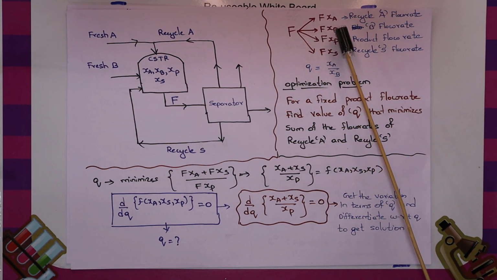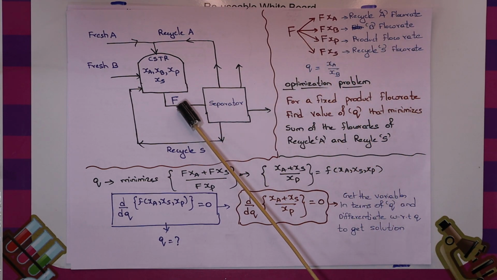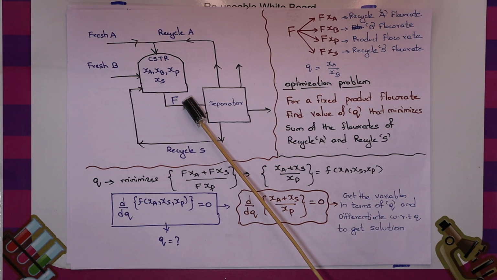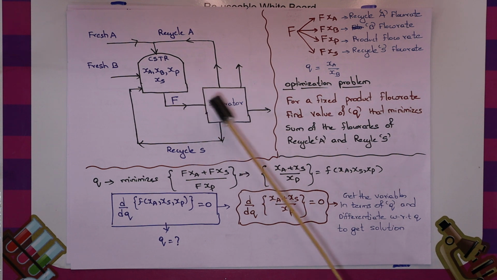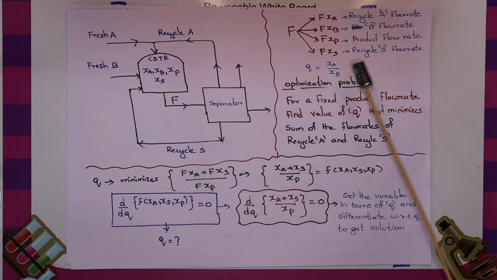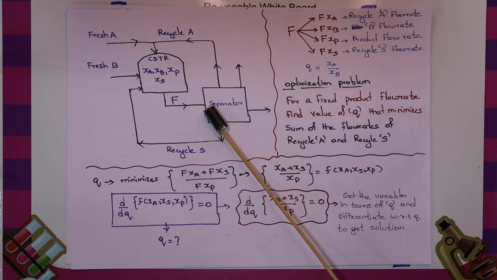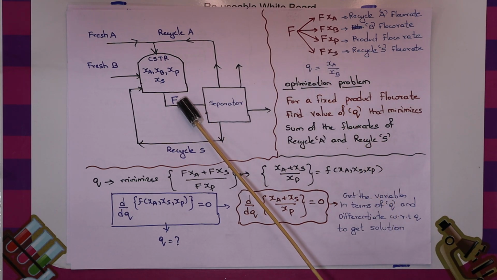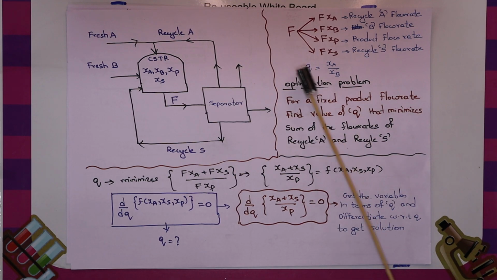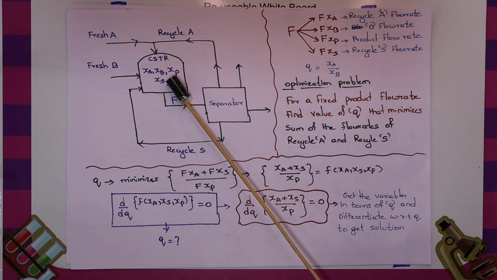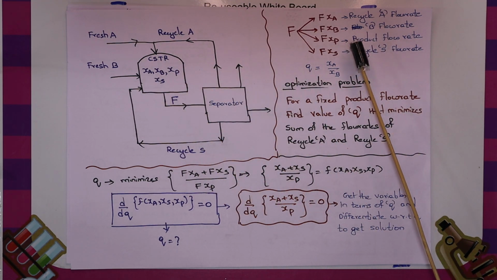B is F into XB, that means the flow rate of B that is coming in the exit of the CSTR. F into XP is the product flow rate, which is getting removed from here. And recycle S, that is F into XS, is recycling back to the reactor. Q is nothing but mole fraction of A by mole fraction of B. This is how you have to represent it.